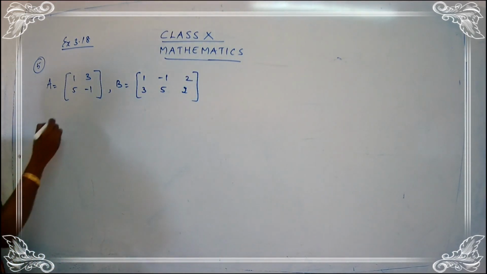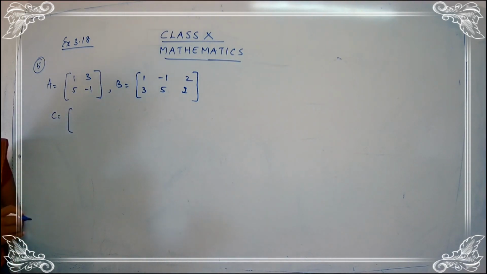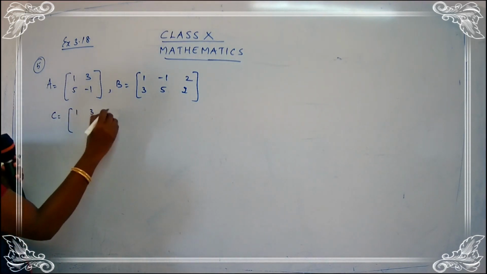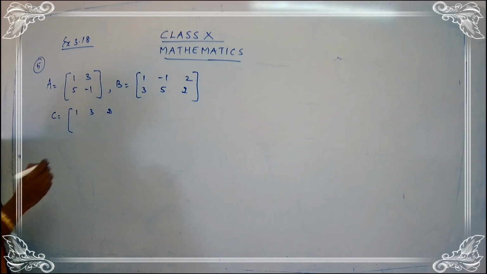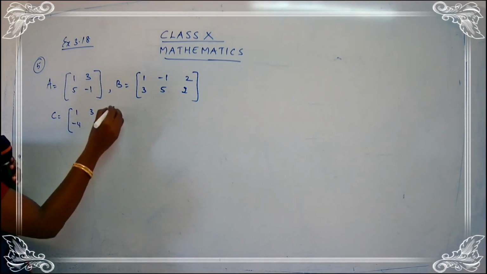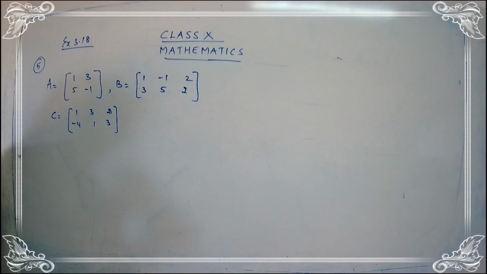C is given. C is 1, 3, 2, minus 4, 1, 3. And you have to verify A into B plus C is equal to AB plus AC. So that's what we have to verify. So just take down the matrix. You have to take down the question children. Take down the question first.